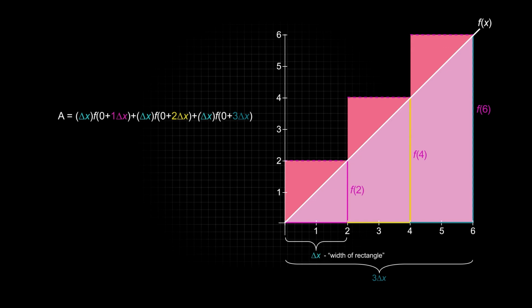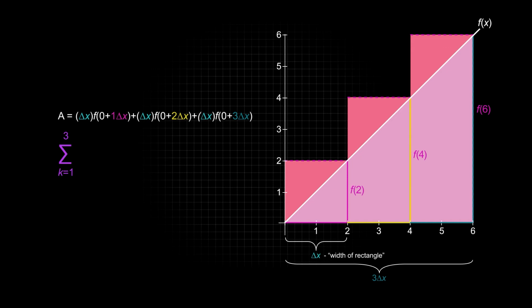It makes sense, since we have 1 delta x, 2 delta x, and 3 delta x, to use an index that will start at 1 and end at 3. So let's try and write out the formula using k as the index, starting k at 1, and ending k at 3.